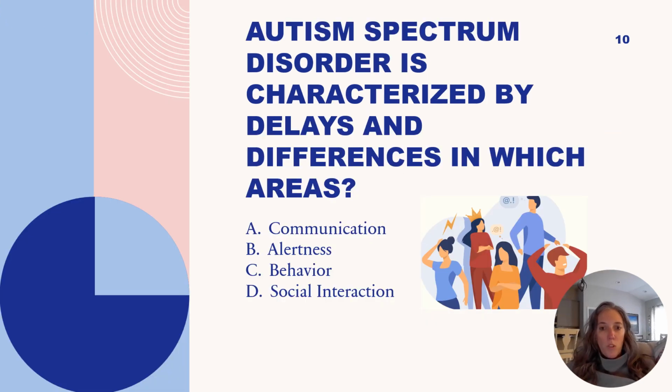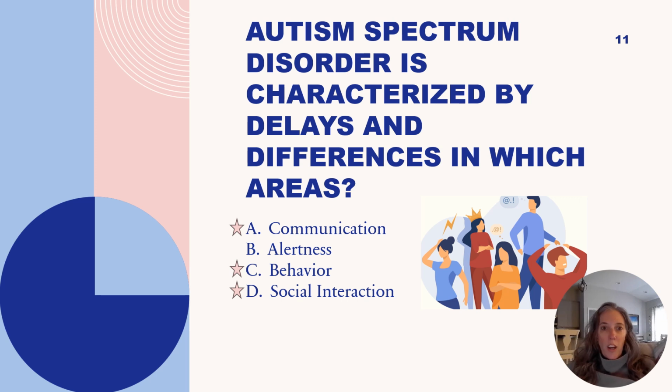Autism spectrum disorder is characterized by delays and differences in which areas? And we have 4 choices: communication, alertness, behavior, and social interaction. The correct answers here are A, C, and D: communication, behavior, and social interaction. So B, alertness, is incorrect because this is a characteristic that's described in the IDEA definition of OHI.